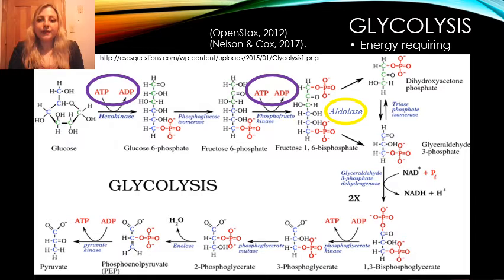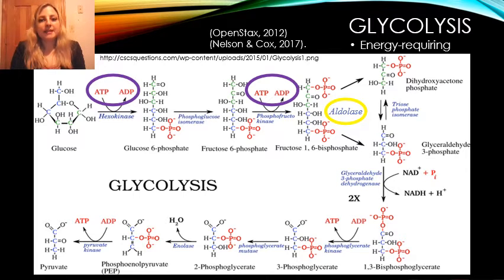After these two energy expenditures, the next enzyme called aldolase, circled in yellow, results in fructose 1,6-bisphosphate as a 6-carbon molecule, breaking into two 3-carbon molecules denoted dihydroxyacetone phosphate on top and glyceraldehyde 3-phosphate on bottom.